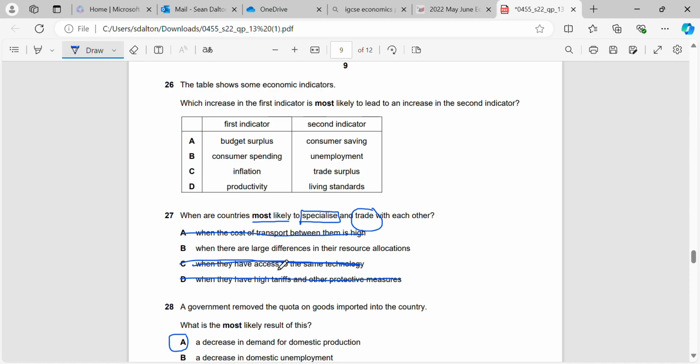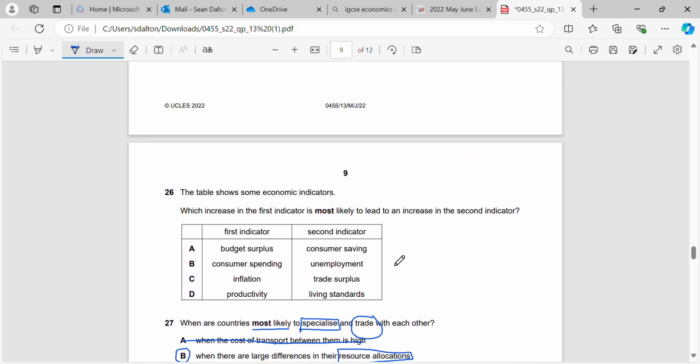We know that they need different climates, different technology, different access to resources in order to focus on a product that they can make, which another country can't make as efficiently. So when there are large differences in the resource allocation, that is what's going to help us to specialize. Then if we make a lot more rice in China, we can sell that rice to Ireland, and they can sell us potatoes because they can make those more efficiently than we can.